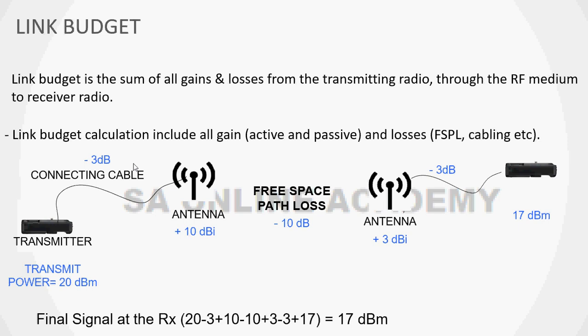For example, my receiver sensitivity is 20 dBm, and I received a signal at 17 dBm. Then I would not be able to listen, because the signal is below the threshold. The receiver is not able to listen, and it would discard that signal, or it would not demodulate that signal. So the received signal should be higher than, or at least equal to, my receiver sensitivity or receiving threshold, else it will get discarded.